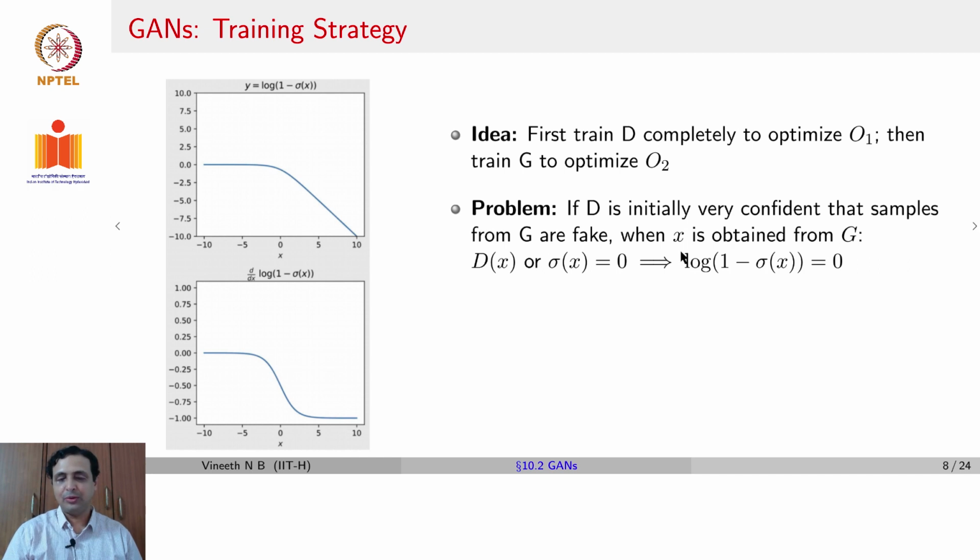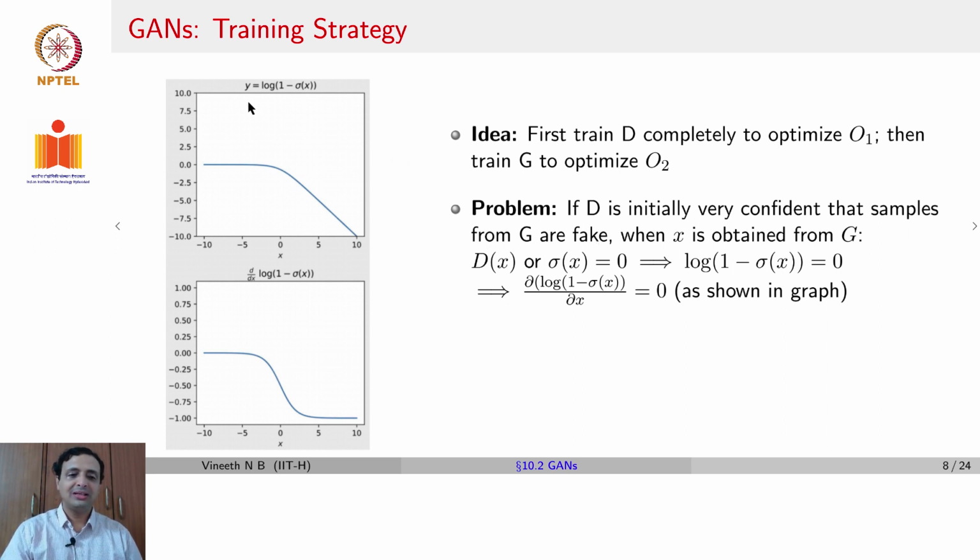So if you get an X that's obtained from G, corresponding to the distribution PG, which is what these samples would correspond to, then D of X, or sigma of X, which is the sigmoid activation function in D, would be equal to 0, which means log of 1 minus D of G of X, in this case, would be log of 1 minus sigmoid of X, would be equal to 0.